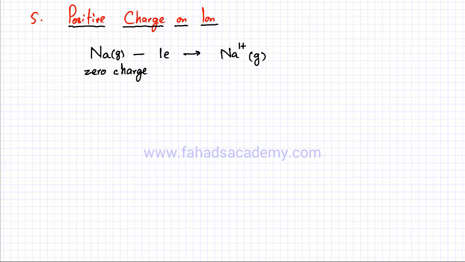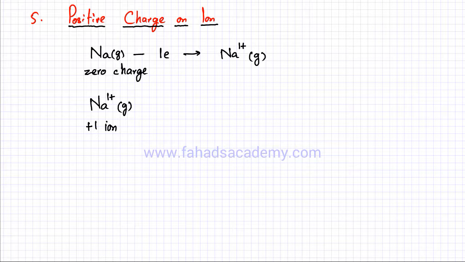Now, removing an electron from an atom that has zero charge is going to be slightly easier compared to this second case, where sodium has a positive charge. We're talking about the second ionization energy over here. Now, this one is a +1 ion. A positive ion is going to attract electrons.